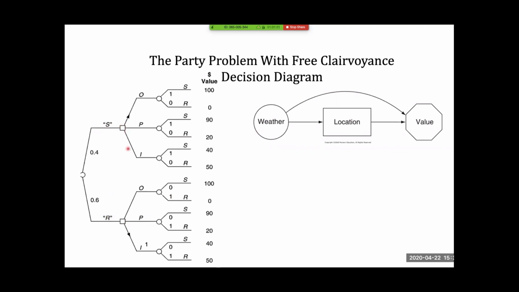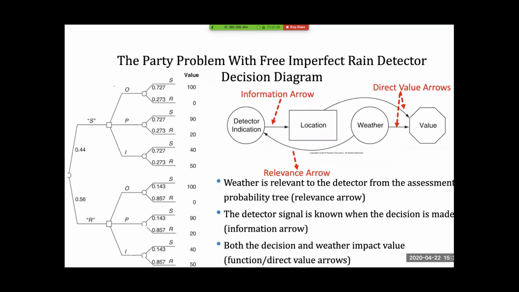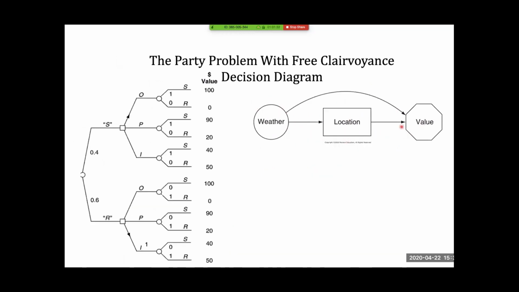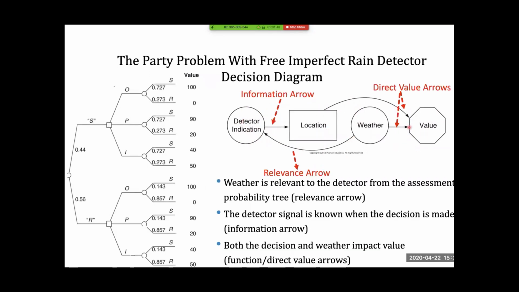That's why we're able to further simplify the decision diagram for the clairvoyant from this complicated one into this simple one, by noting that the weather becomes certain based on the clairvoyant's message. Again, we're able to do this simple decision diagram rather than this complicated one.